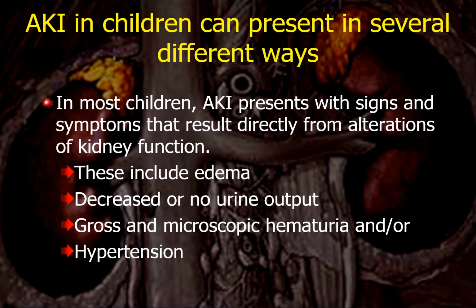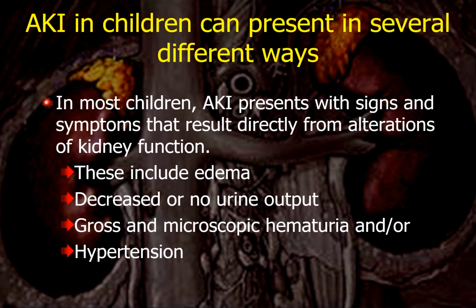Let's talk about presentation of AKI. In children, AKI can present in several different ways. It can present with signs and symptoms that result directly from alteration of kidney function. This includes edema due to progressive fluid accumulation. It can be decreased or no urine output.